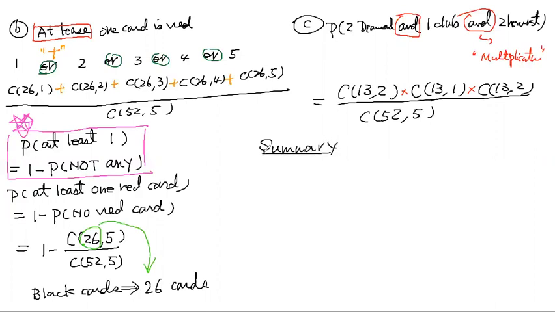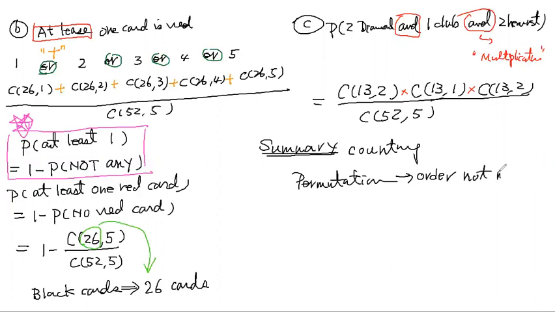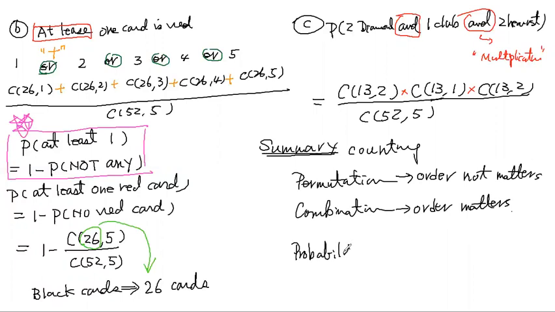We learned the counting rules: permutation, where order does not matter, and combination, where order matters. And the way we find the probability, you use the counting rules, just like we did before.